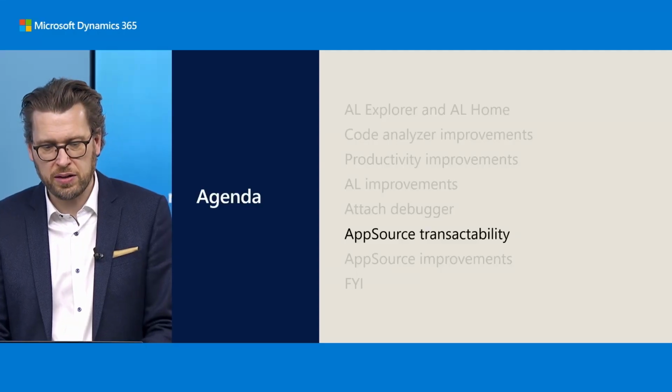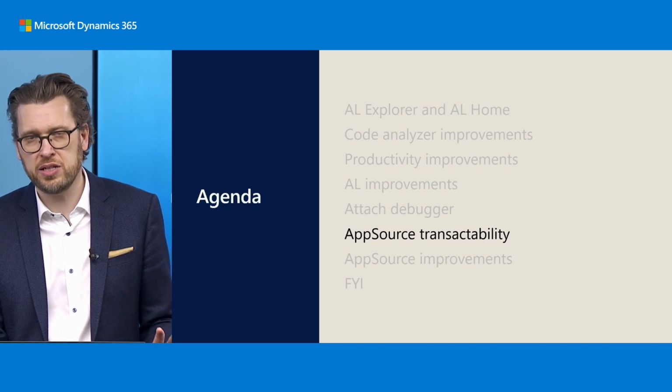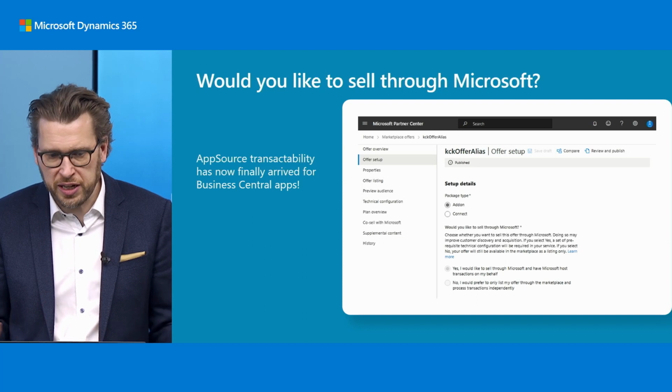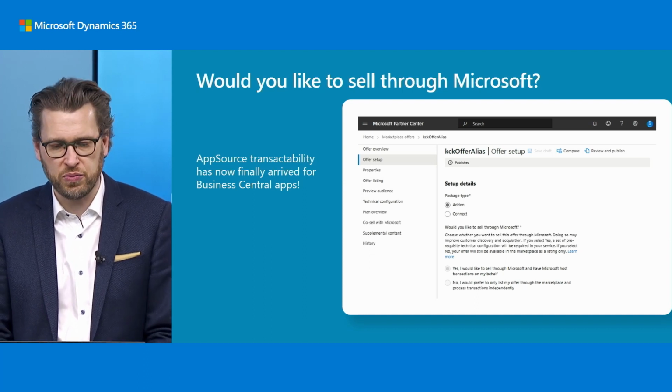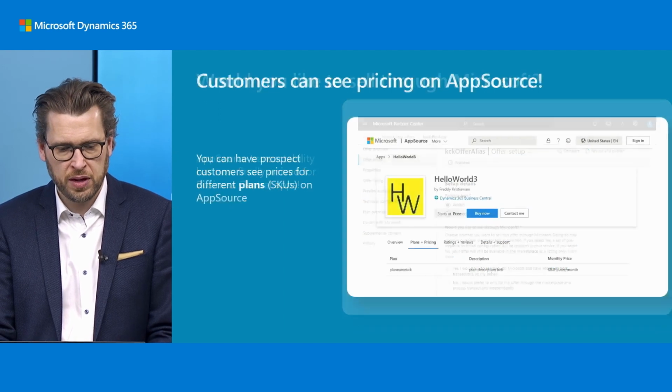So let's talk briefly about AppSource transactability, because there's another major thing for this release. The big question here is really, would you like to sell through Microsoft when you have apps in AppSource? Because AppSource transactability has now finally arrived for Business Central apps.